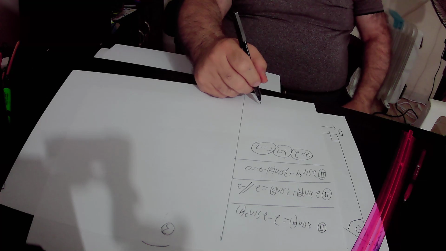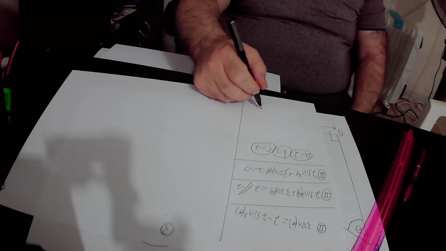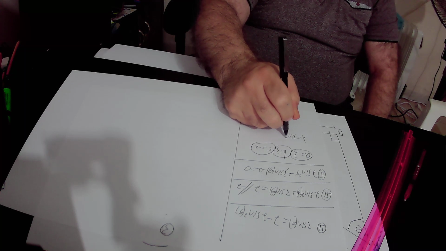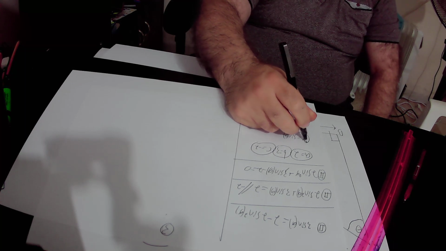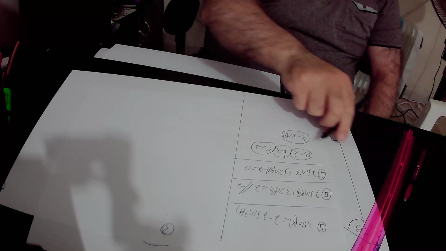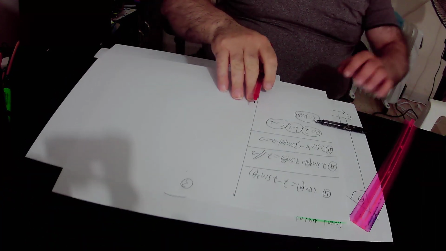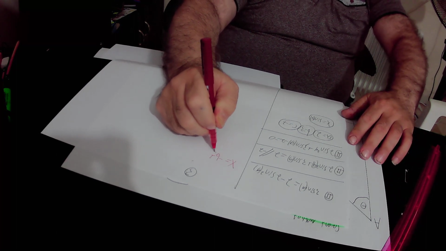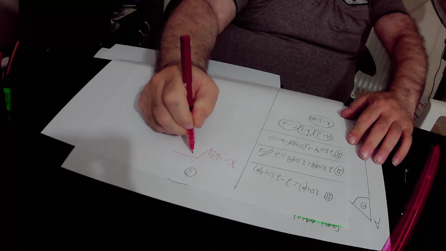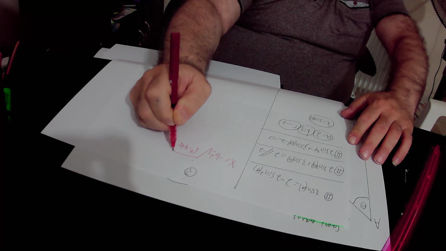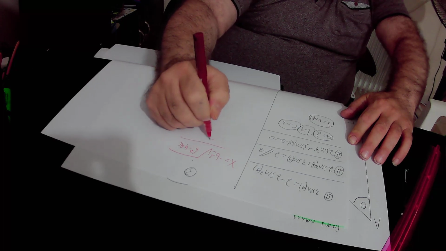And the variable that we are looking for is sine alpha, so x equals sine alpha. And the general formula for solving a quadratic equation is x equals minus b plus or minus the square root of b squared minus 4 times a c, over 2a.